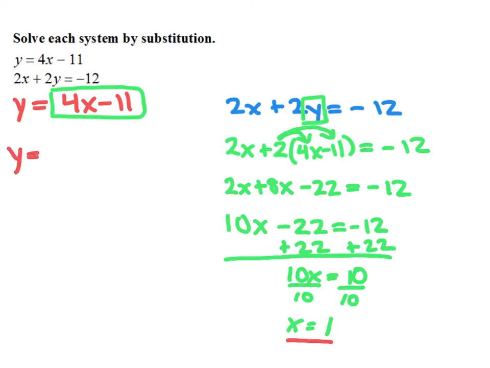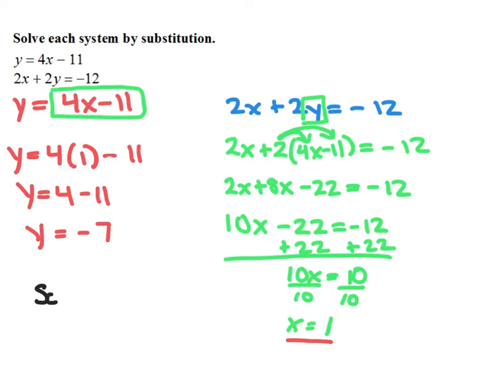So I have y equals 4 times 1 minus 11. So that'll be y equals 4 minus 11, so I'll get y equals negative 7. So the solution to this system is 1 comma negative 7.